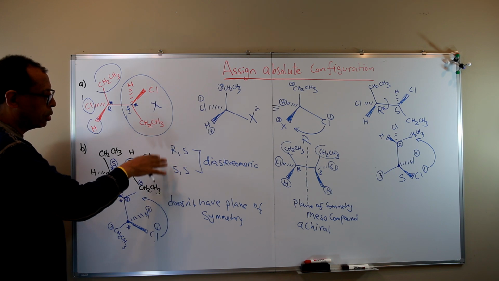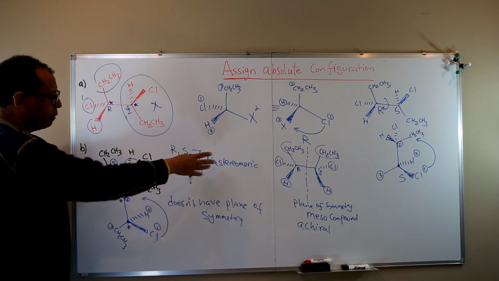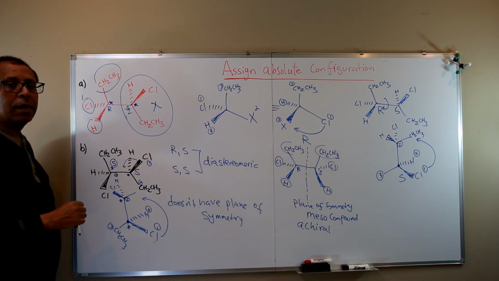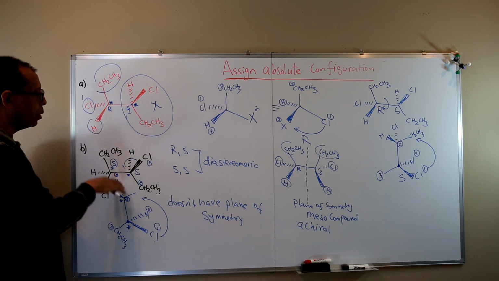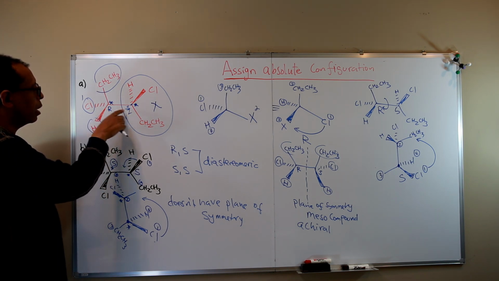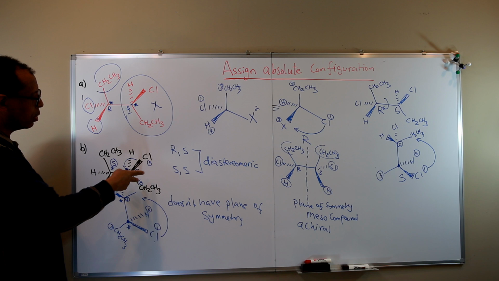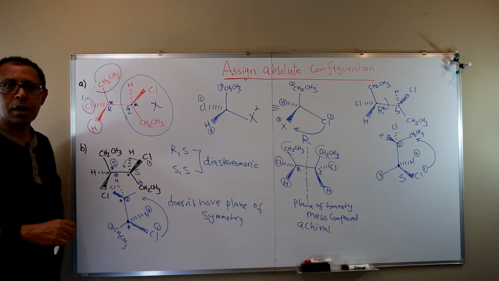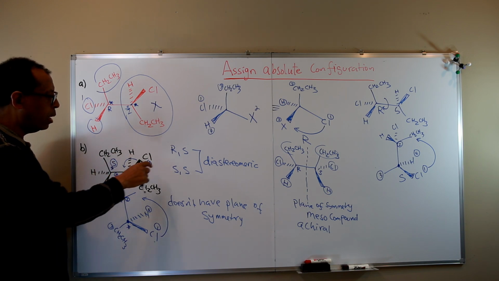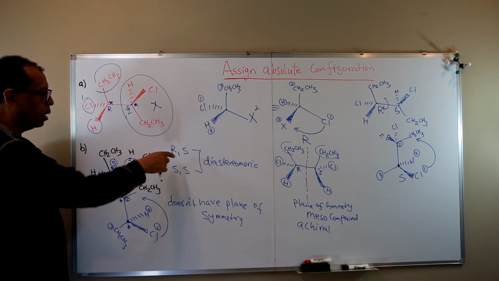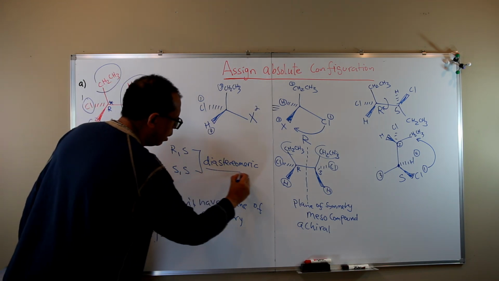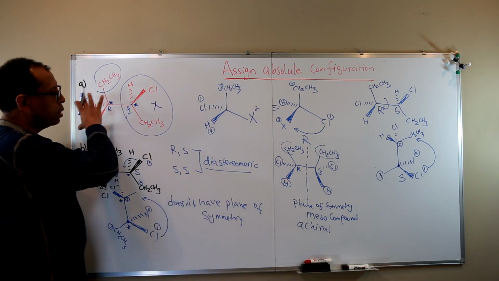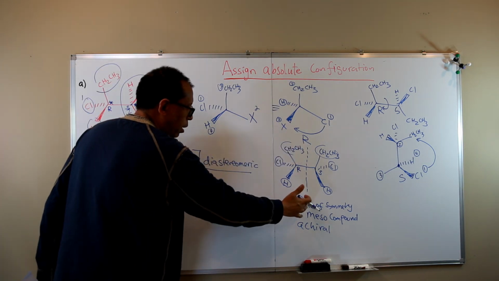So those are stereocenters where you have a diastereomeric relationship. If they were enantiomers, RS would be SR. But these are not an enantiomeric relationship. These are SS and RS, and they are diastereomeric compounds, while the top has a plane of symmetry and becomes a meso compound.